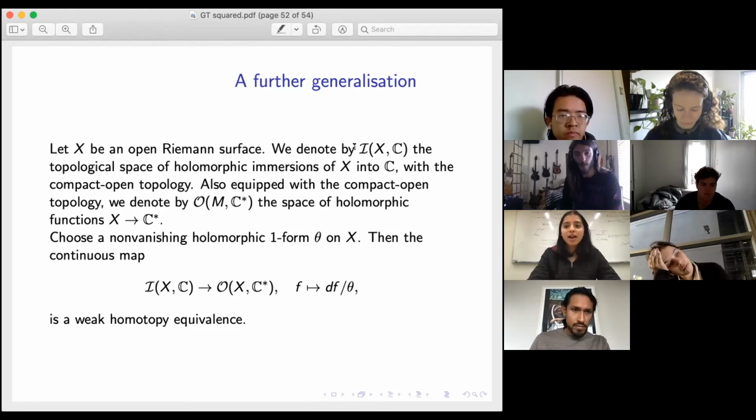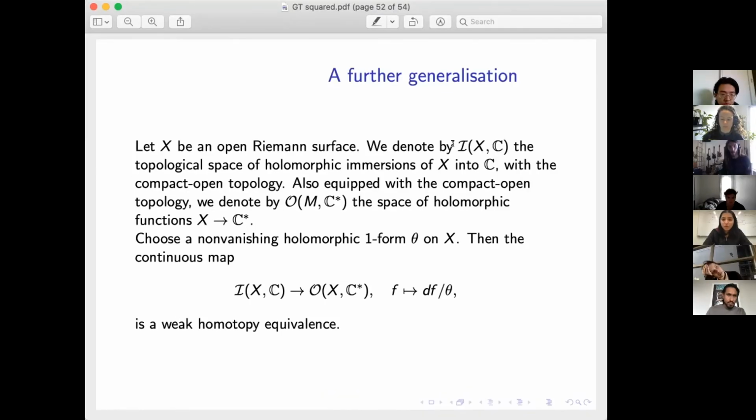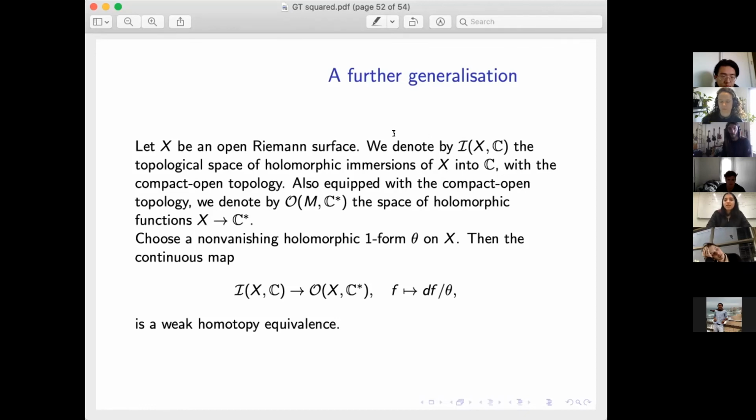So if we let I from X to C be the topological space of holomorphic immersions from X into C, equipped with the compact open topology, and we let O from X into C star be the space of holomorphic functions from X into C star, also with the compact open topology, we showed that these two spaces have the same rough shape. They have the same weak homotopy type.